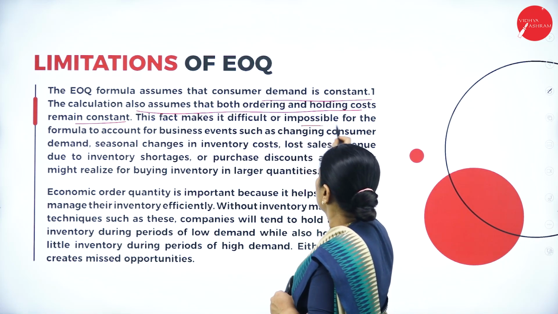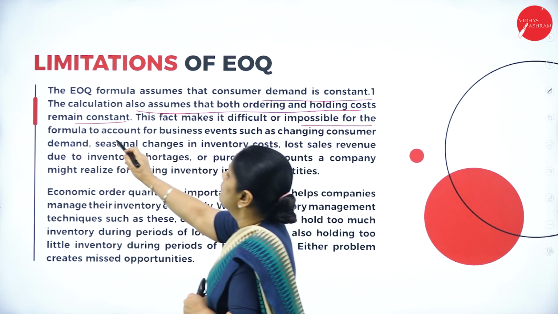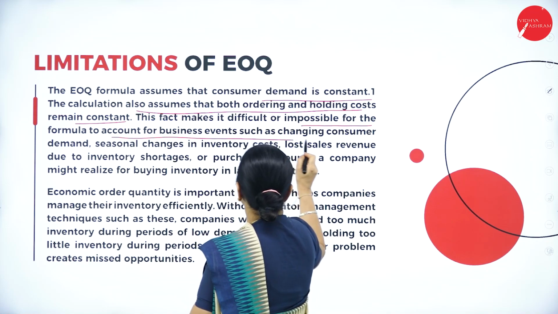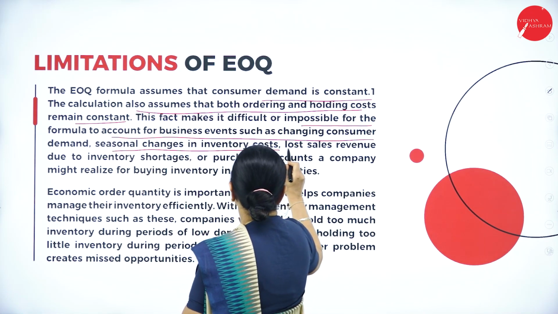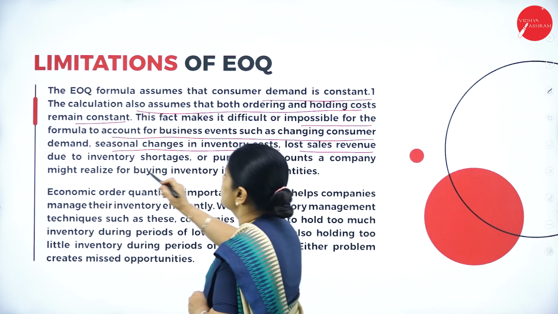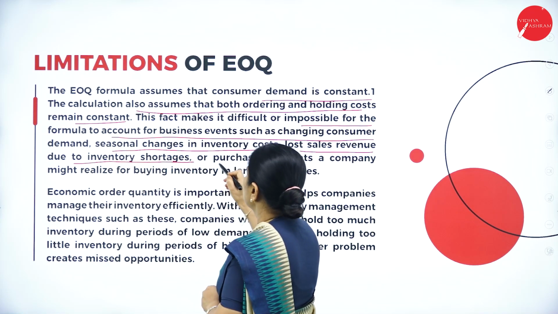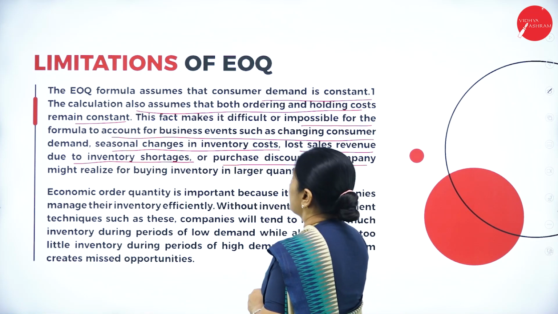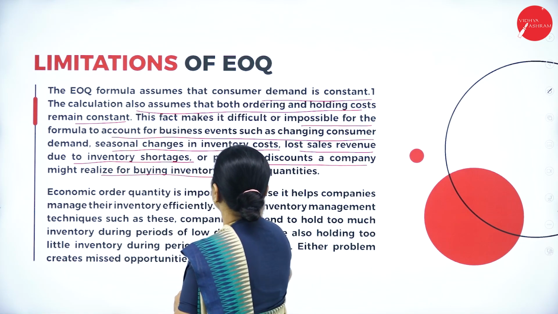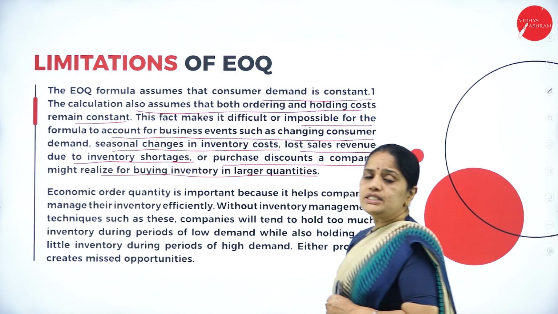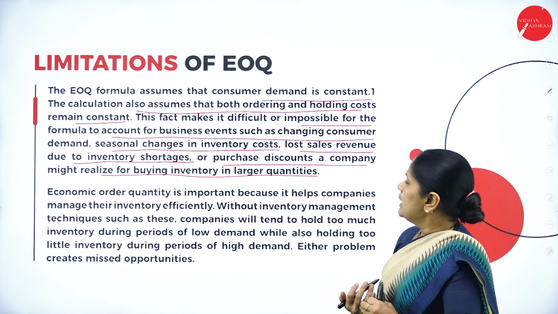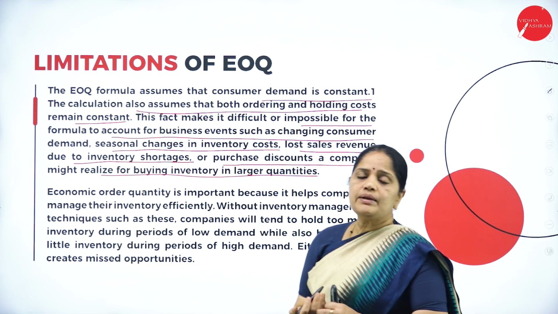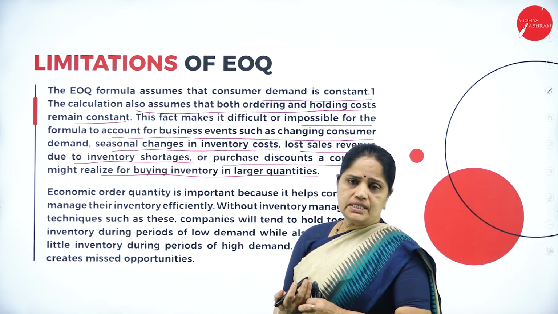It makes it difficult or impossible for the formula to calculate for business events such as changing consumer demand, seasonal changes in inventory cost, lost sales revenue due to inventory shortages or purchase discounts a company might realize for buying inventory in large quantities. Now, this kind of calculation is limited to certain features only.